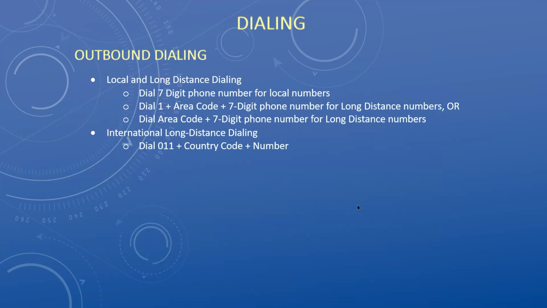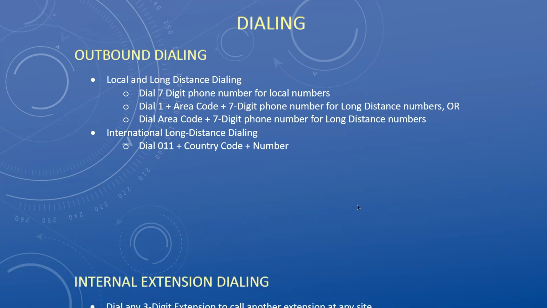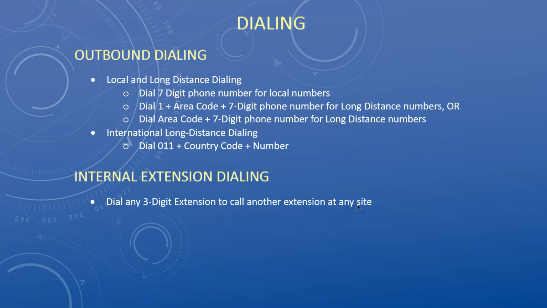Or if you prefer, you can dial 1 plus the area code and the 7-digit number, or just the area code and the 7-digit number for local or long distance. And for international, you will start each call by dialing 011. For internal extension dialing, you can just dial any 3-digit extension to call any other extension at any site.